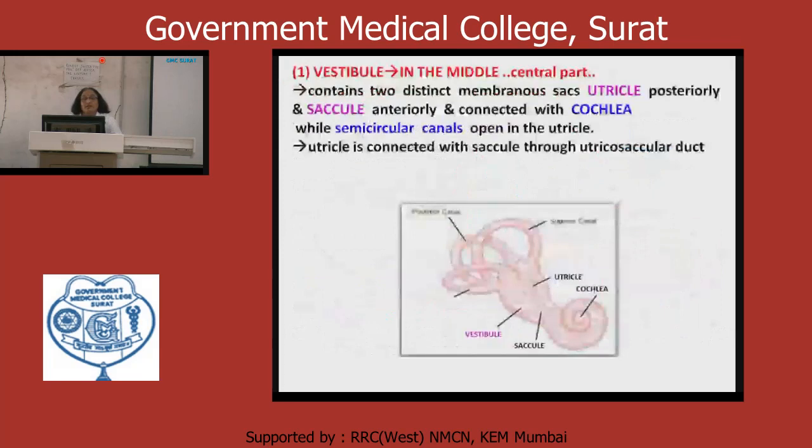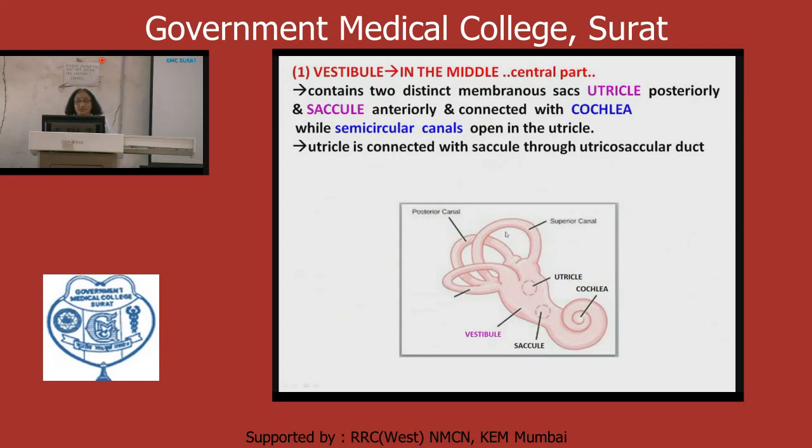Now, how many parts does the bony labyrinth have? Three parts. Number one, the vestibule in the middle central part, which contains two distinct membranous sacs: the utricle posteriorly and the saccule anteriorly. Here you can see the utricle.